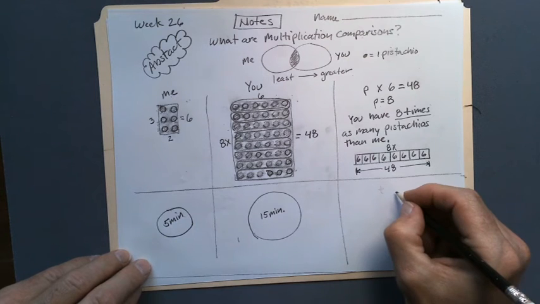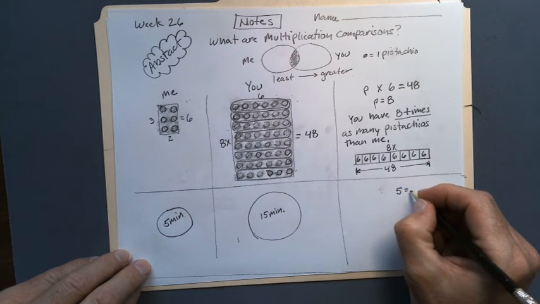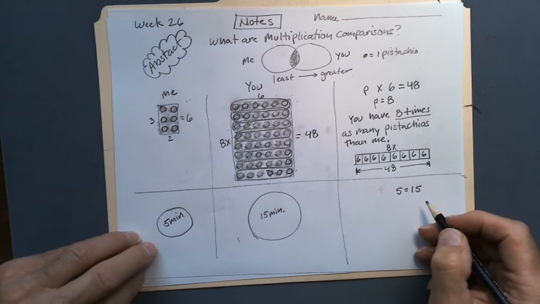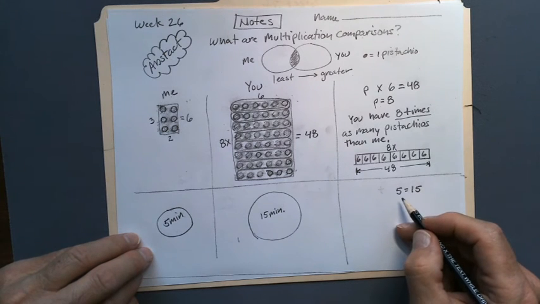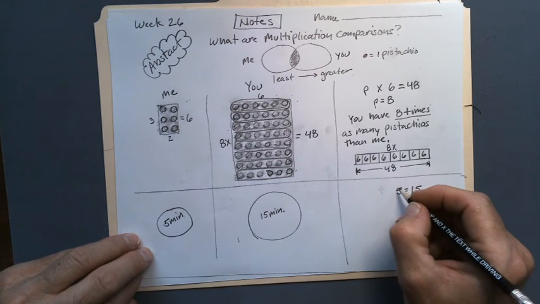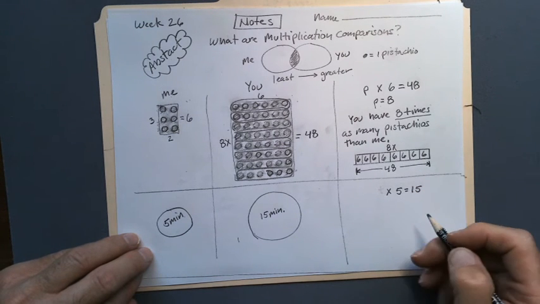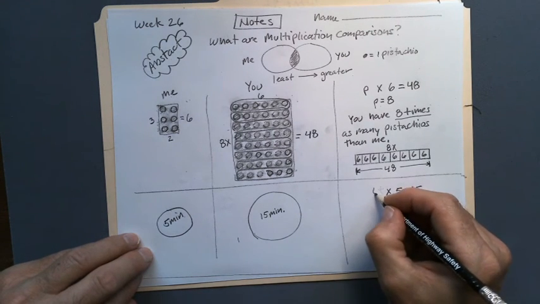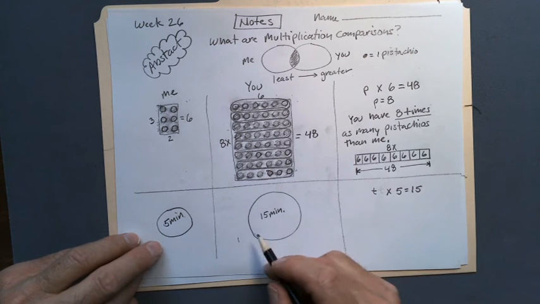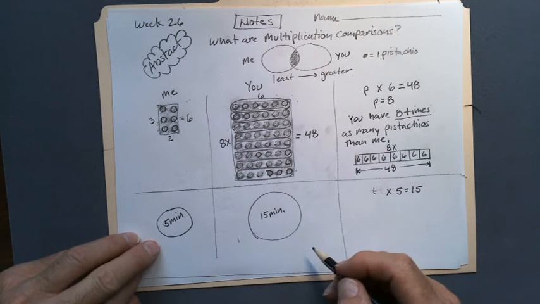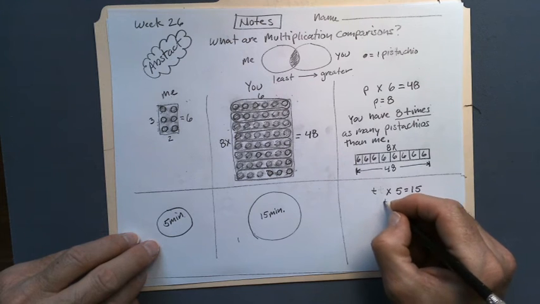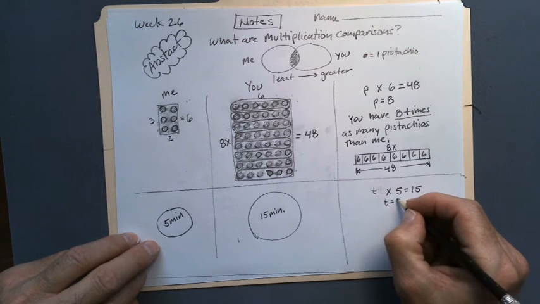Let's use the 5, this is my time, and the 15, your time. Are these the same? And you'd say, of course not. They're not the same, Mr. Budinger. We say, how much larger is 15 than 5? And let's use T as time. Just remind us that we're talking about times, not pistachios. You're going to say, well, that's easy, Mr. Budinger. T is equal to 3.